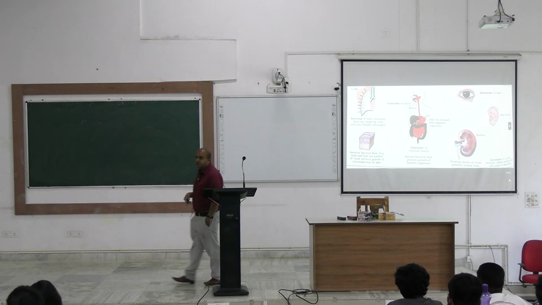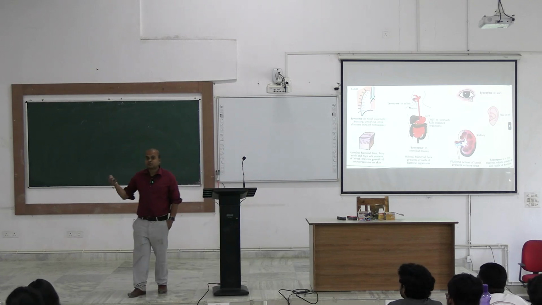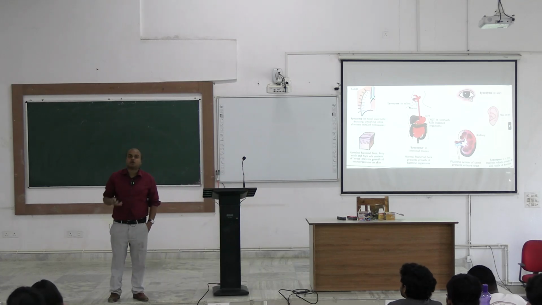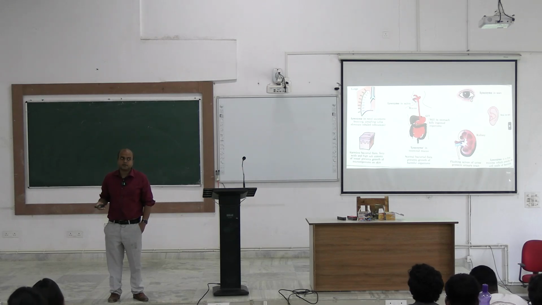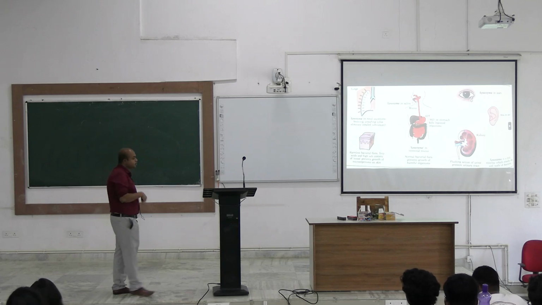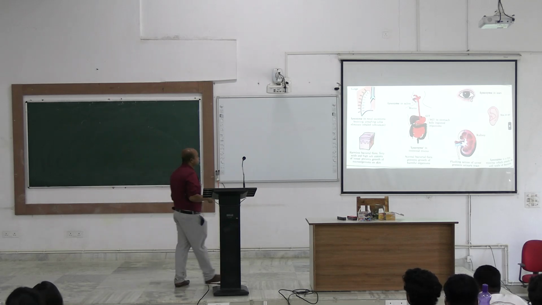Now, when we use antibiotics for certain diseases, those harmless or useful microorganisms are killed in the process. That is maybe one side effect of medicine. So, then we have to replenish them from outside.